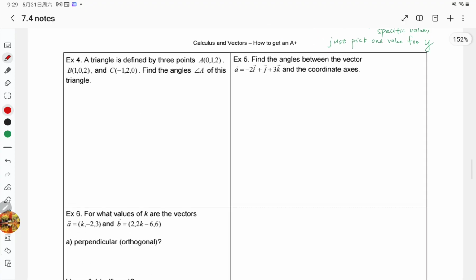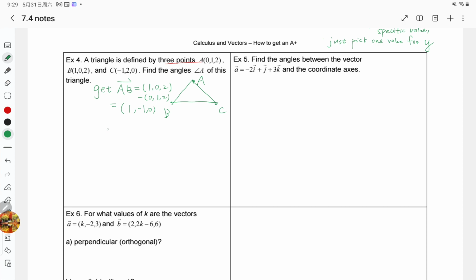Okay. Let's see the last one. Find the angles. Okay. 3 points. Yeah. So now I think it's the same trick, because the content of this PDF is not that much. I think we just calculate AB, which is equal to the coordinate of B minus the coordinate of A, like 0, 1, 2, and we can get AB equal to 1, -1, 0.